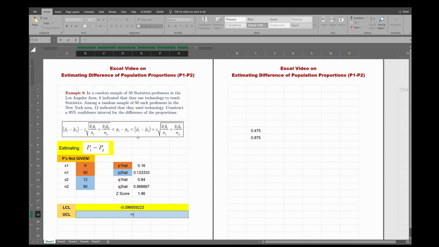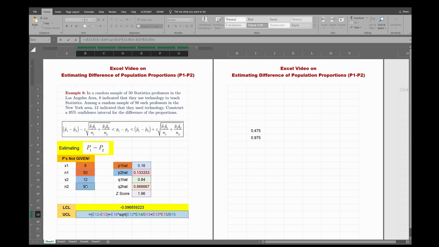It's a good practice. So P1 hat minus P2 hat again, but this time plus instead of a minus, times the z value, which is right there, times the square root of, open parentheses, P1 hat times Q1 hat divided by N1, which is 50, plus P2 hat times Q2 hat divided by N2, which in this case is 90.